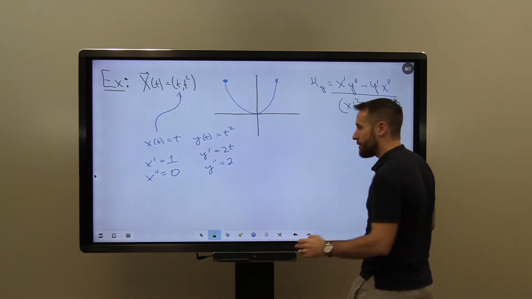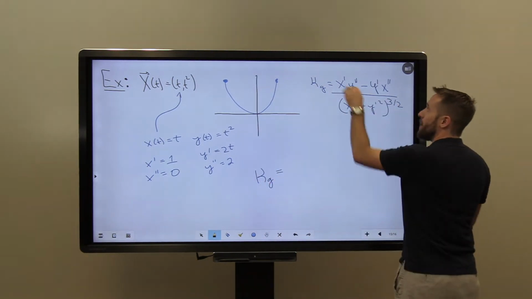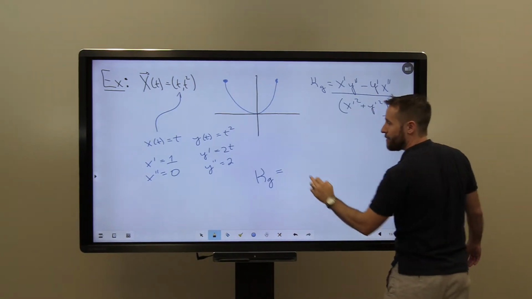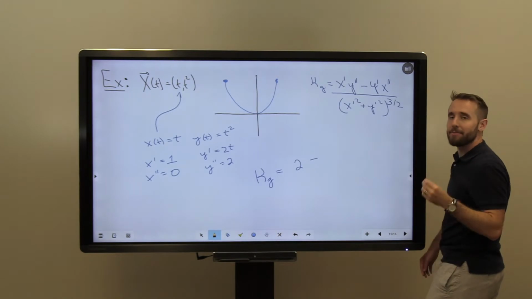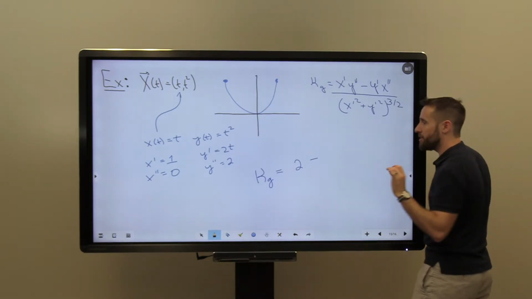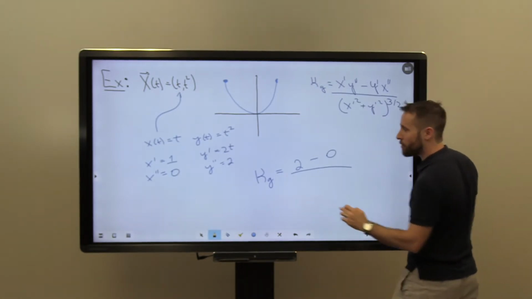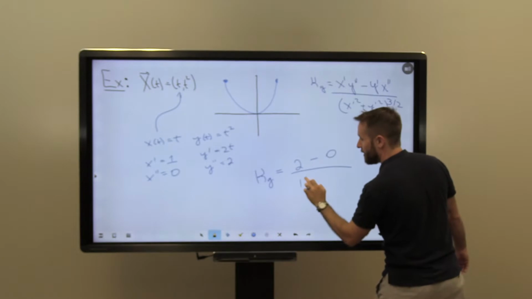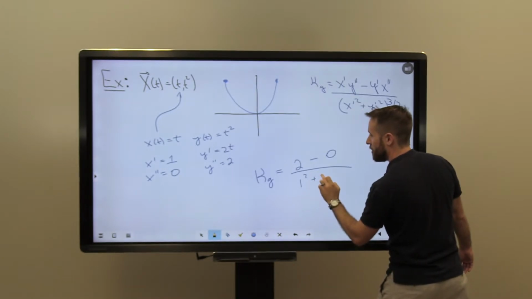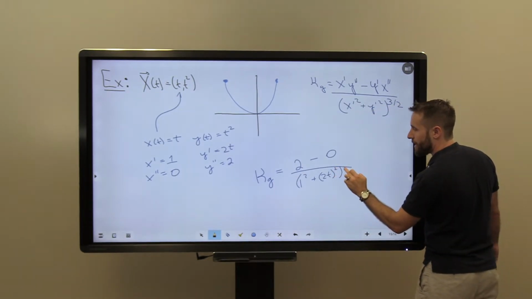And so our curvature function will equal x prime times y double prime, that'll just be 2, minus y prime times x double prime, ooh, that's going to be 0. So 2 minus 0 over x prime squared plus y prime squared, all of that raised to the 3/2.